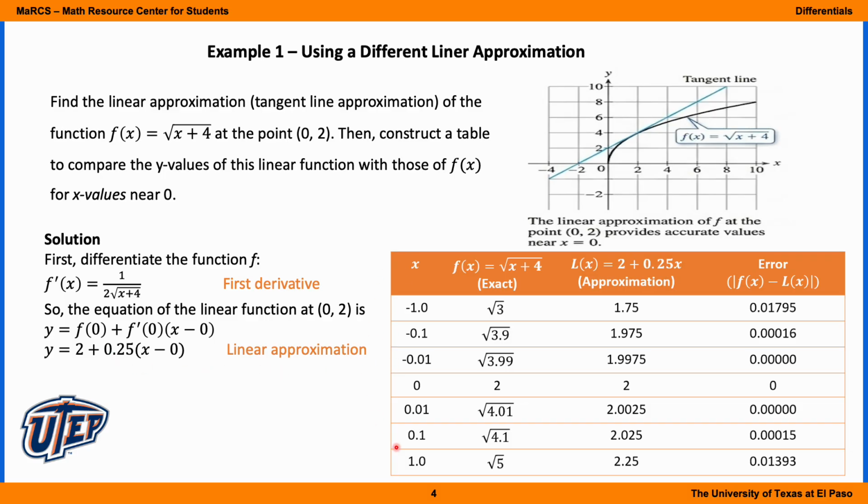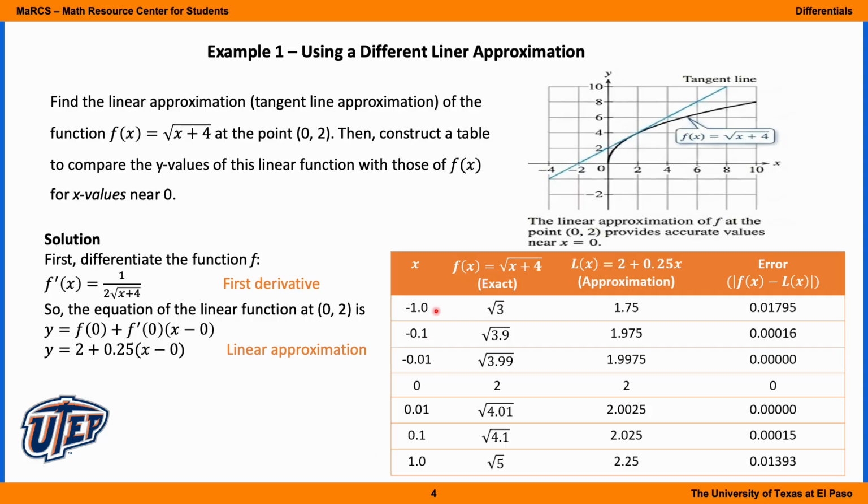So for our first column, we're choosing x values near 0. So we have negative 1, negative 0.1, negative 0.01, 0, 0.01, 0.1, and positive 1. Now we are evaluating our original function at these x values.